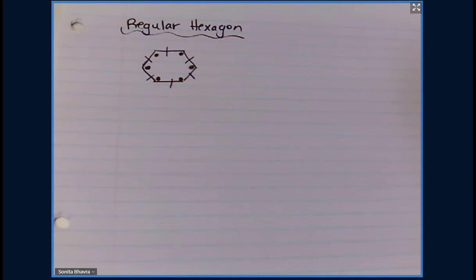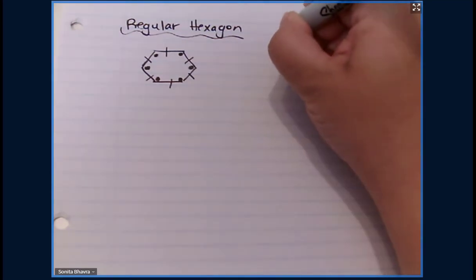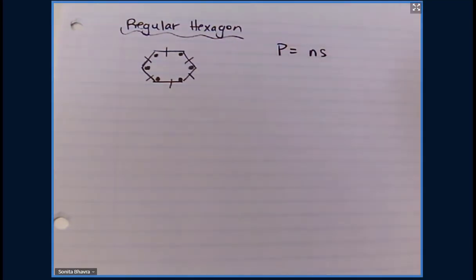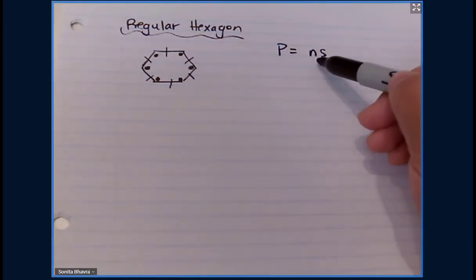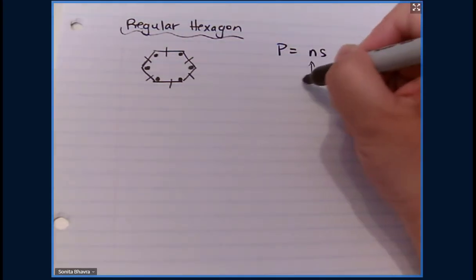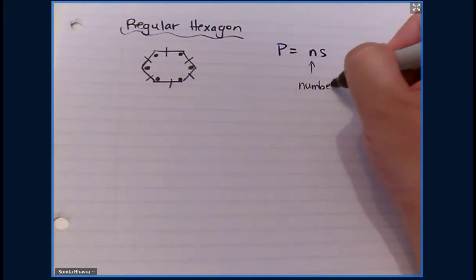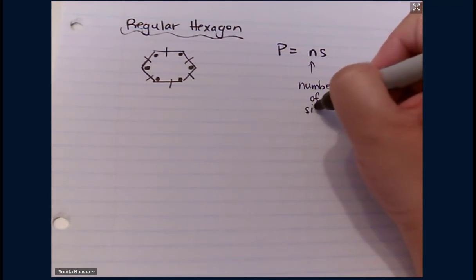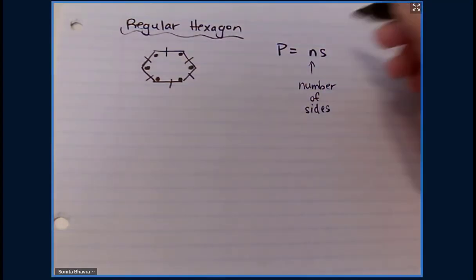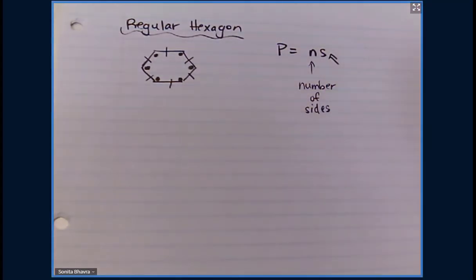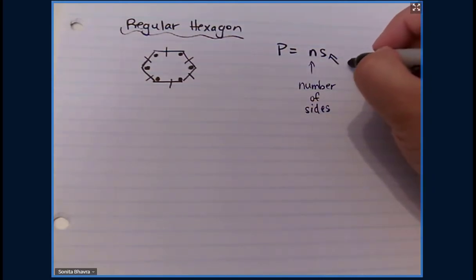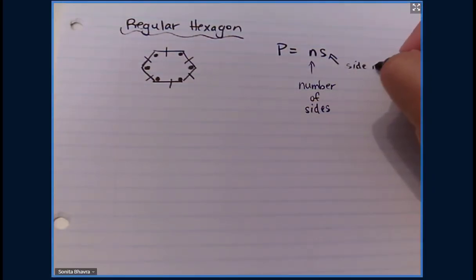So here we have a regular hexagon, meaning it has 6 equal sides and 6 equal angles. The formula for a regular hexagon for the perimeter is NS. The N represents a number of sides, and the S still represents the measurement of the side. So the side measurement.